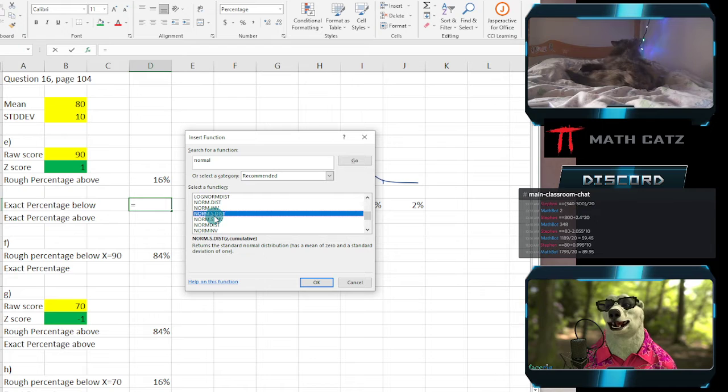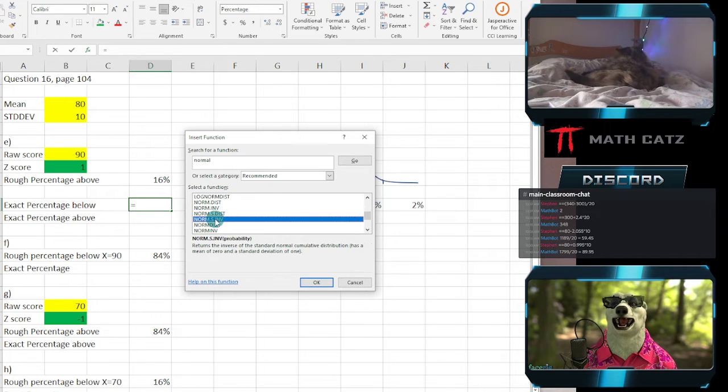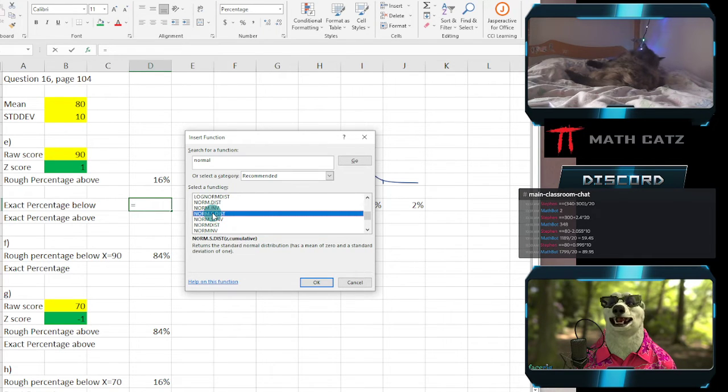The norm.s.dist says returns the standard normal distribution, where I put in a z-score, whereas the other one returns the inverse of the standard normal cumulative distribution, where I put in a probability or a percentage, and it gives me the z-score at that line.